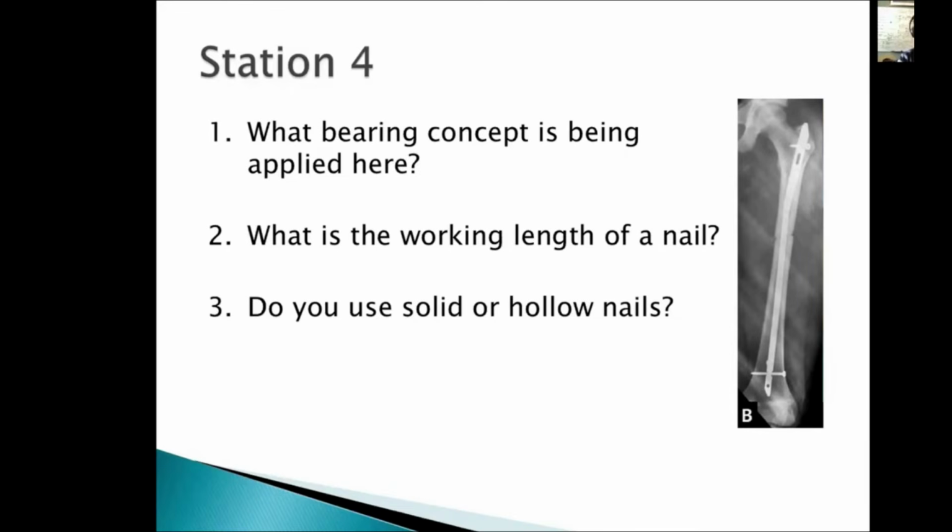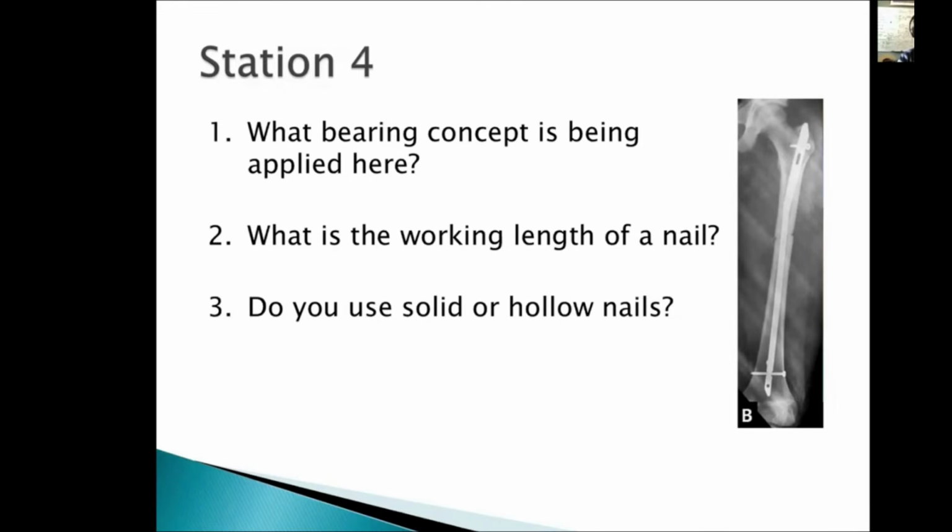Which is different for a hollow nail, because you need to subtract the radii of the outer circle and the inner, correct, to be absolutely accurate about the actual second moment of inertia of a hollow and a solid nail.